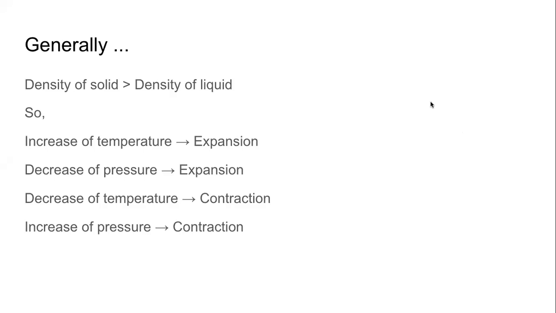Something similar will happen when we do the opposite of what we did for pressure also. So instead of decreasing the pressure, if we increase the pressure, then things will contract. Contraction means volume will decrease. It's the same mass, volume decreases. That means density goes up.